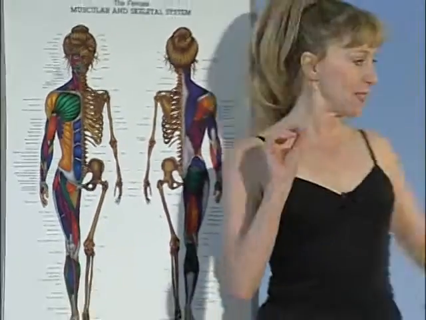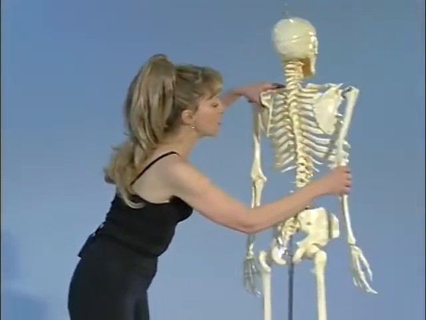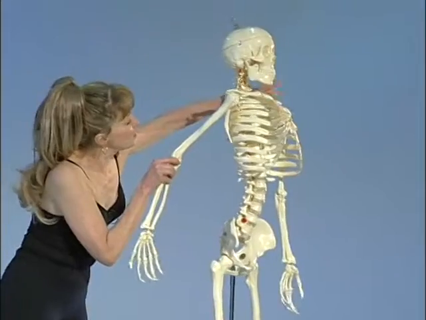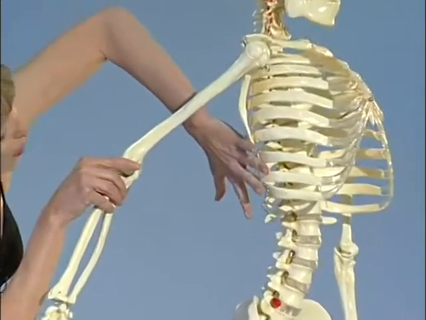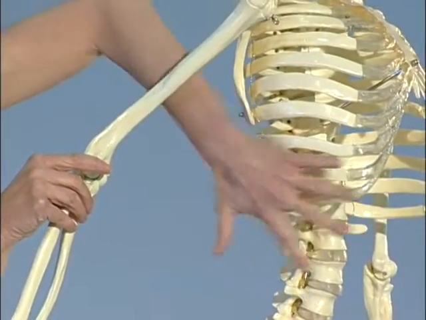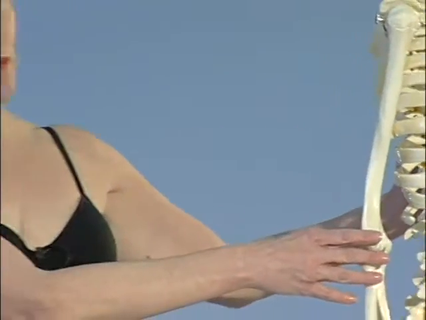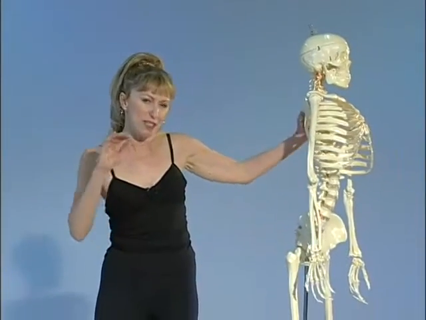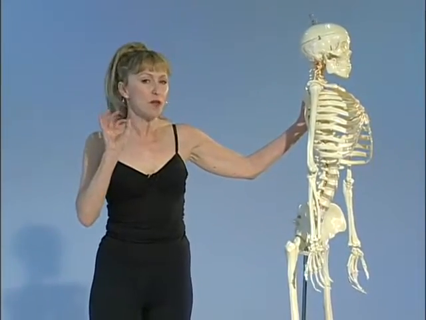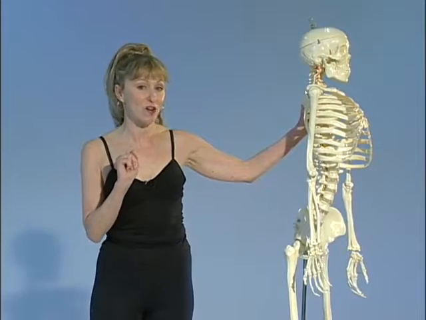So if we look on the skeleton, turn him around, the serratus anterior comes across the body this way and attaches in here at the ribs. Now, this is a very important muscle for us to identify on our students, and even though sometimes in muscle charts it's a little bit hidden, we've really got to pay attention to that serratus anterior.